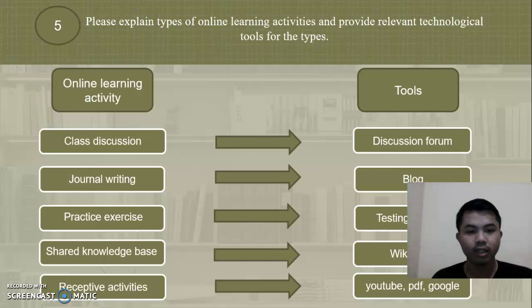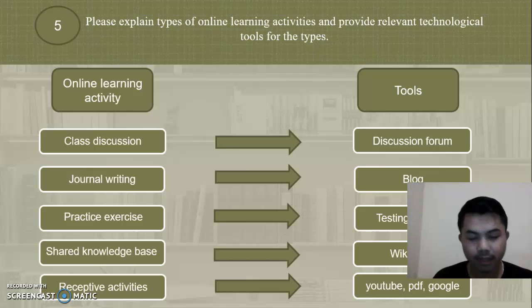The tool used is Wikipedia, the participants are group to class, and the variations are collaborative glossary and annotated bibliography. And the last is receptive activities.